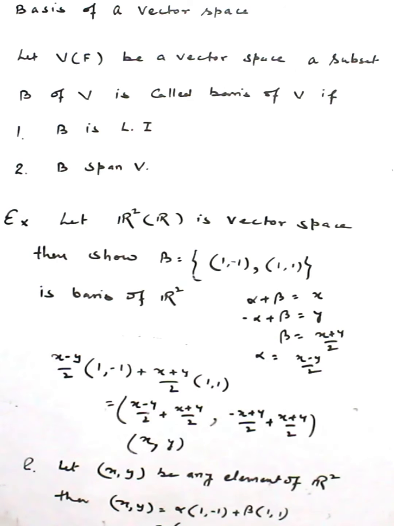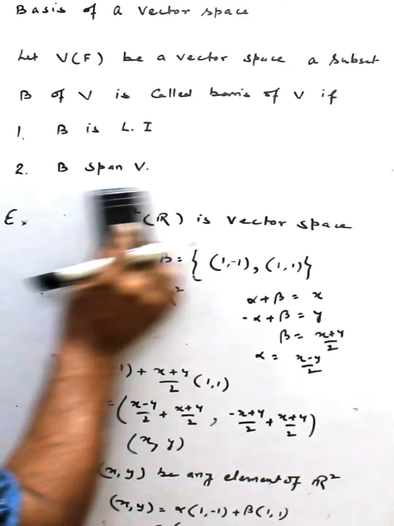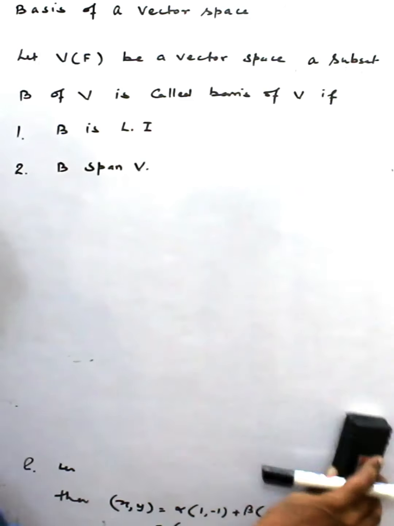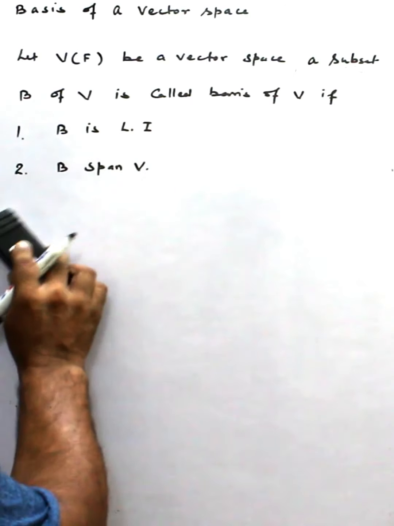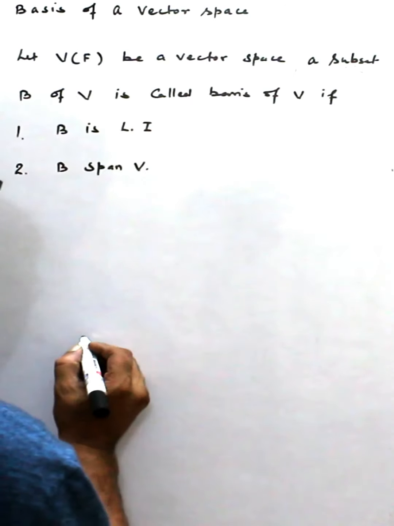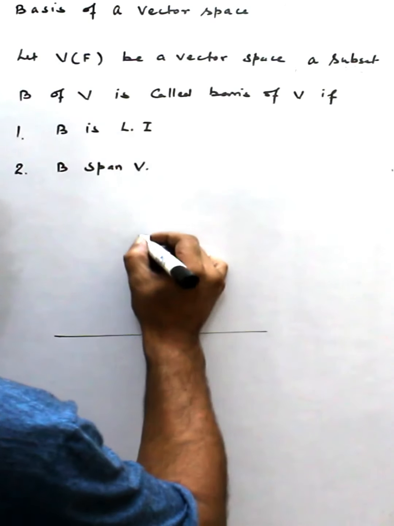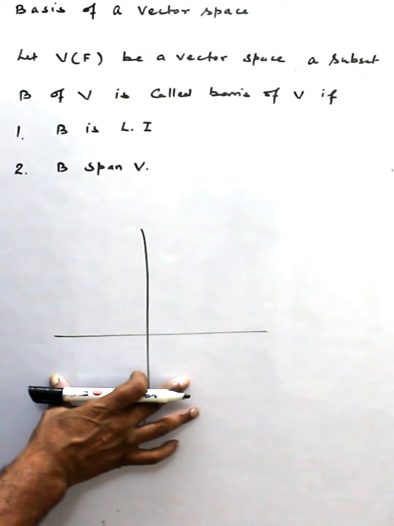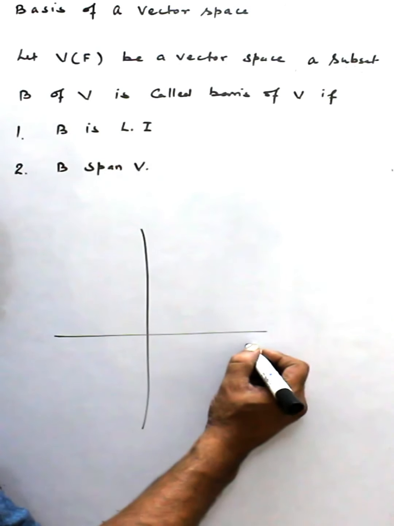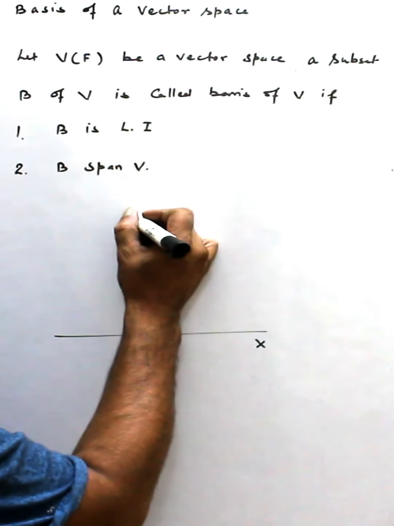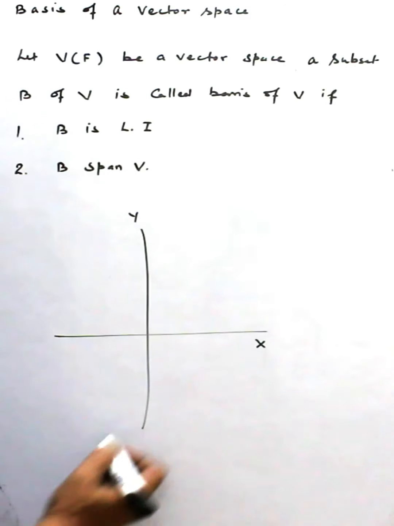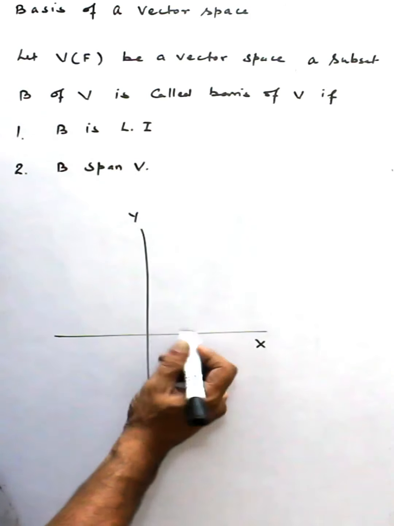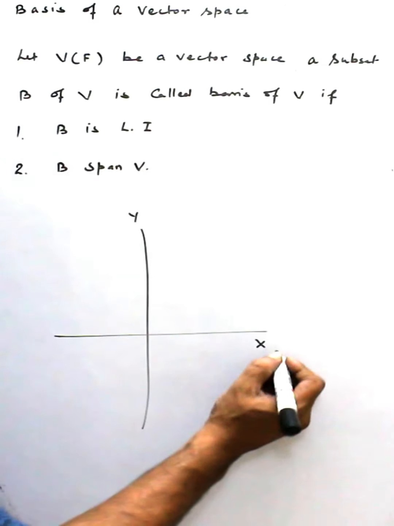Now one more thing I want to tell. Simply, geometrically, how can we understand this? If this is R square, then R square is formed by two axes, one is the x-axis and one is the y-axis.